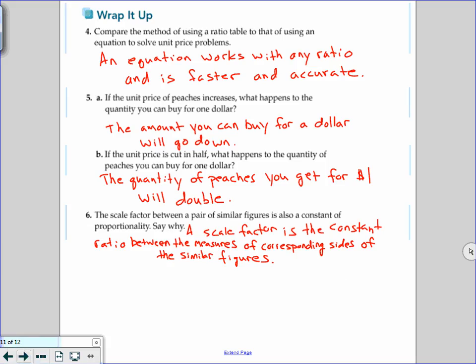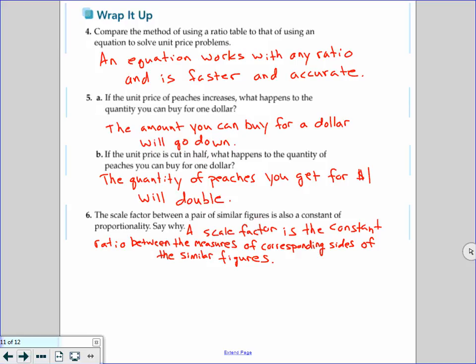Okay, wrapping it up here. So just take the time, read these questions, look at the answers. Make sure they make sense to you here, especially like number 5. If the unit price increases, what happens to the quantity you can buy for $1? That amount's going to go down.